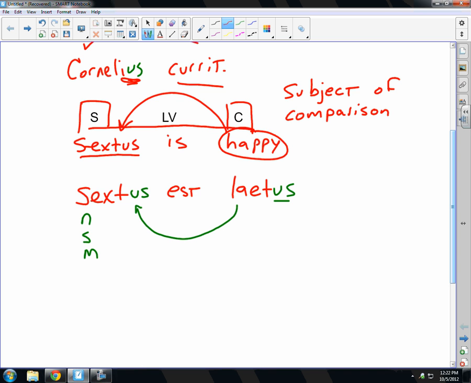So if I get a linking verb in Latin, like est, chances are I'm going to have two nominatives that are linked together by that linking verb. One will be the subject of the comparison, the subject of the sentence. One will be the complement or the description of the subject. So that is what a complement and a subject are.